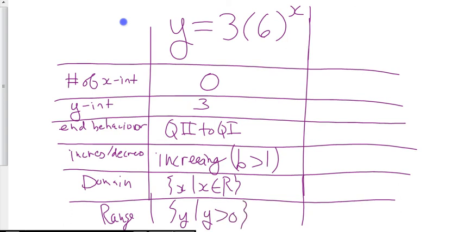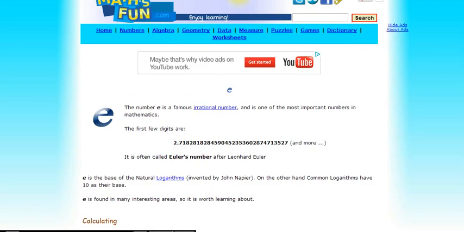Okay, so if we were going to sketch this, what would we draw? What would I label this? 3. Okay, so I would label that as 3. Okay, that's our prediction. Quadrant 2 to quadrant 1, y-intercept of 3, etc. Let's go to wherever this is and graph it.